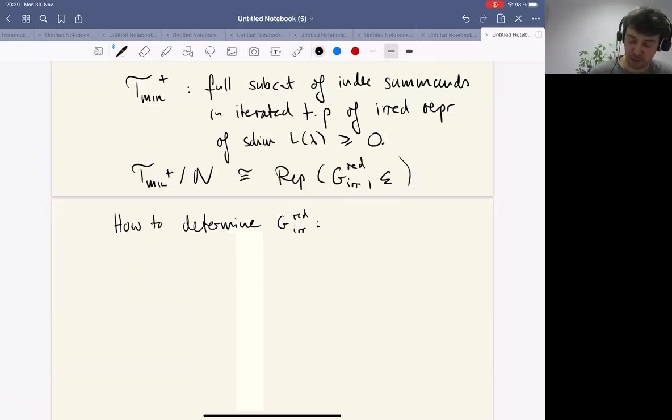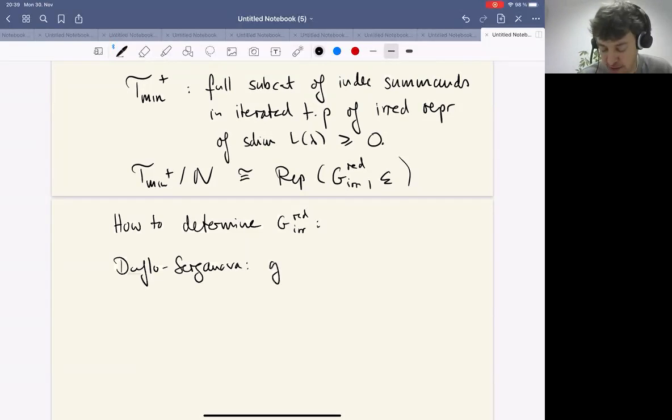So the crucial tool is a construction which is due to Duflo and Serganova. And this is a very general construction. You take a Lie superalgebra, finite dimensional, for instance GLMN, and you pick an odd X. Odd means it's in G1, such that its supercommutator vanishes.